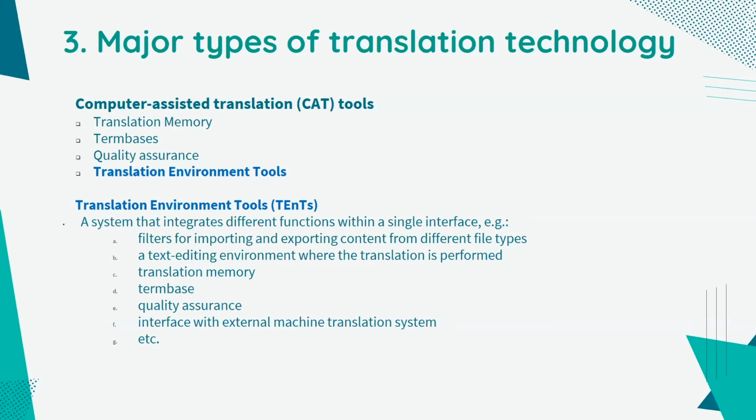Then it is a text editing environment where the whole translation project is performed. Translation memory, term base, and quality assurance have just been introduced, and it is also an interface with external machine translation systems, even though sometimes we have to pay for the service. But in this interface, we can choose to integrate an external machine translation system or not.